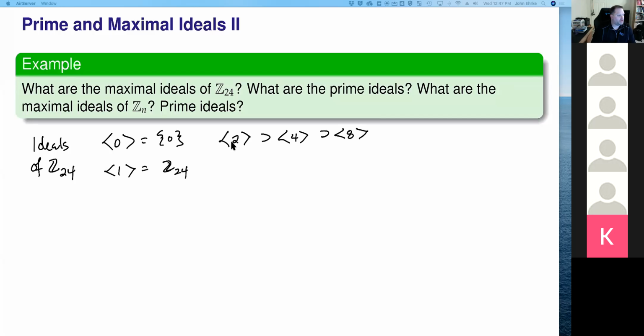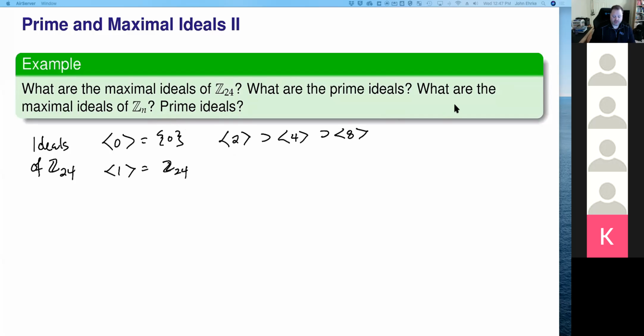These are all contained in the ideal generated by 2. We can write down what those elements are, but it would be 2 times an element from Z24, right? So you've got all of the even integers in Z24, all the multiples of 4, all the multiples of 8, and so on.